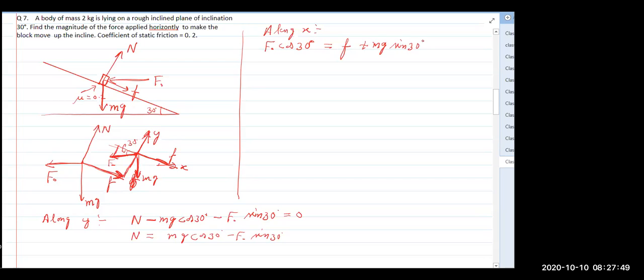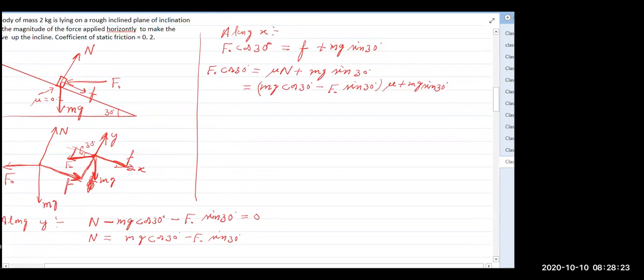Now friction is what? Mu times normal, plus mg sin 30. So we can replace the normal force and we can have mu into mg cos 30 minus f naught sin 30, plus mg sin 30.